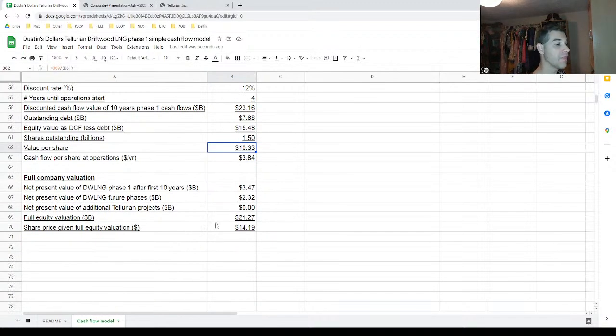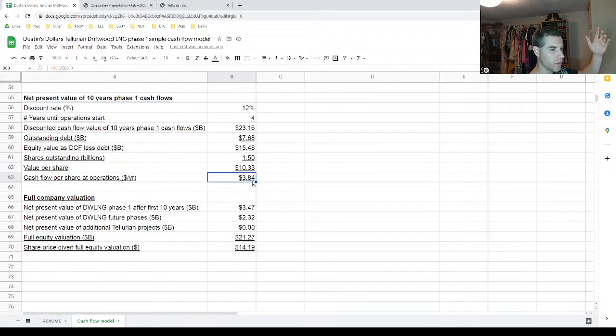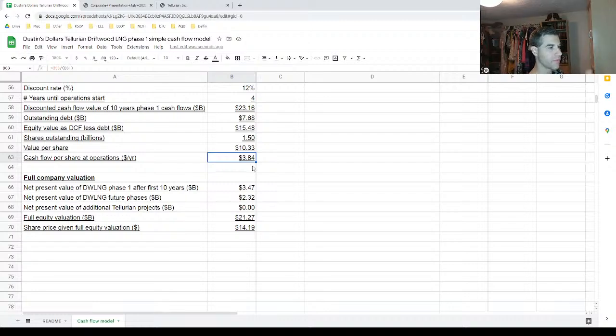One other thing that I think about when I am thinking about my valuation for the company is also everything from row 63 and up. Everything that I've shown so far is only talking about the first 10 years of Driftwood LNG Phase 1, right? That's like the first step of the company, the piece that is most concrete and most tangible for us.